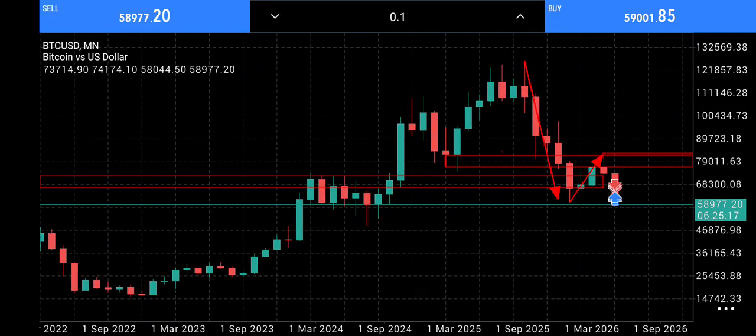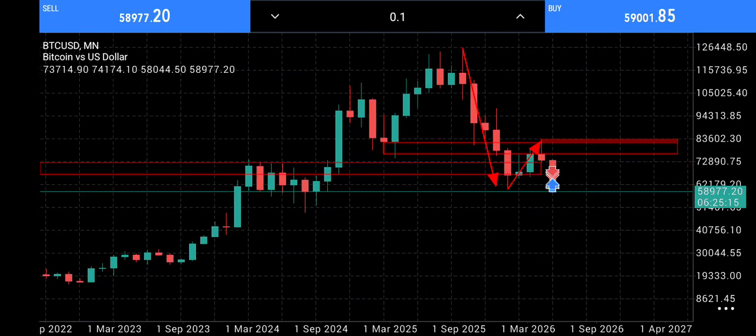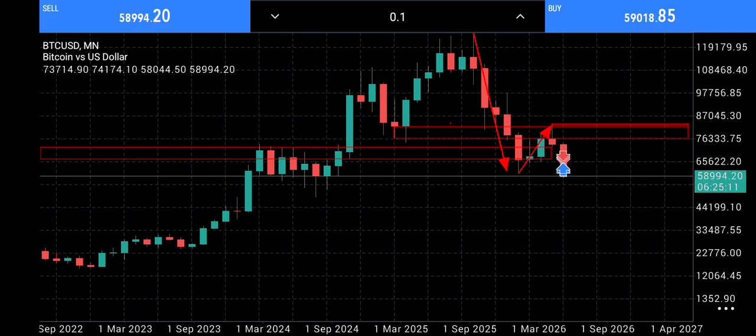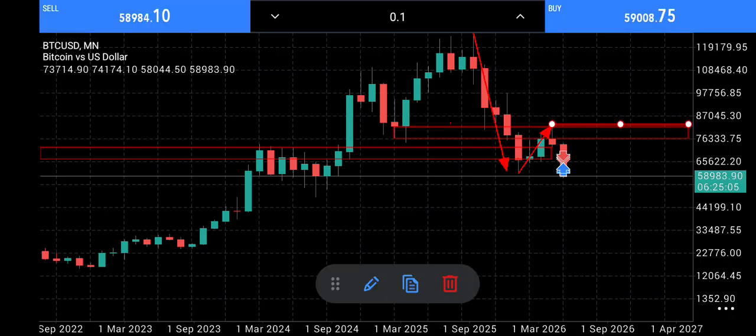Let me extend these candles. What could I have done? So I could have set my sell limit at this resistance. This is now my resistance area.